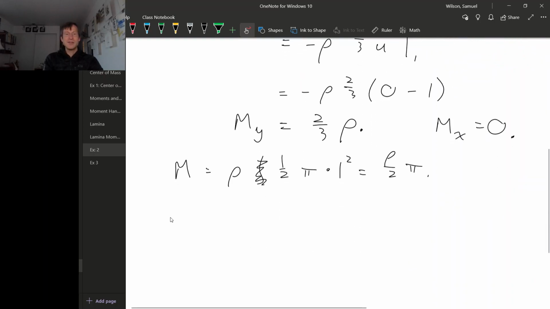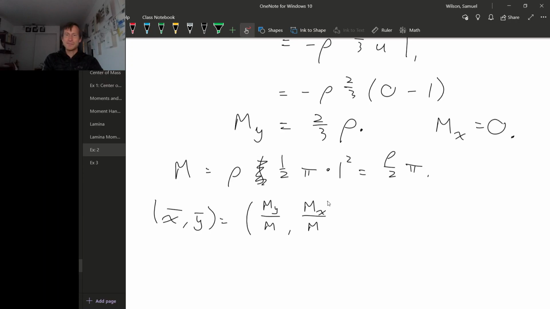Now we can write the center of mass, x bar, y bar. Remember, x bar is the moment about the y-axis over the mass. Y bar is the moment about the x-axis over the mass. The moment about the y-axis was 2/3 rho.